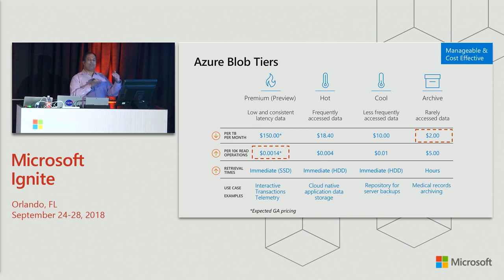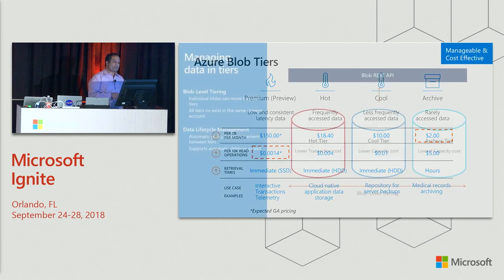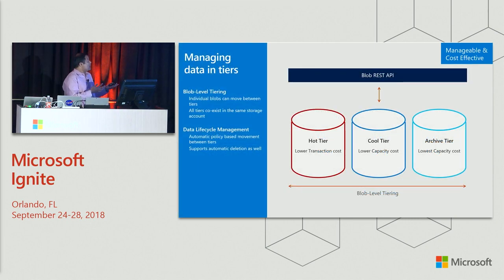So even if you don't necessarily care about the low, consistent latency, it's worth looking at your own workload and asking, do I have a high TPS workload which is worth moving into the premium tier? As you know, one of the cool things for us is that we have a unified API, and we give you control as a developer in terms of doing your own blob level tiering.